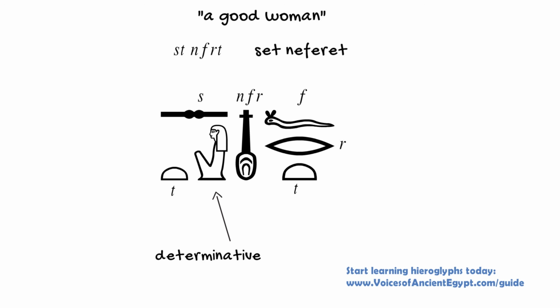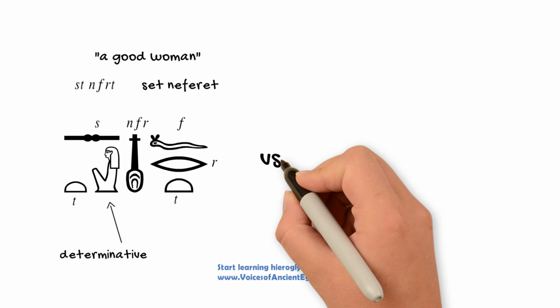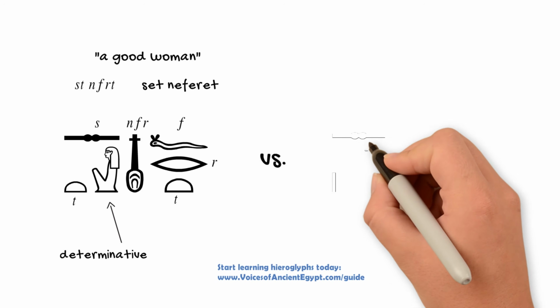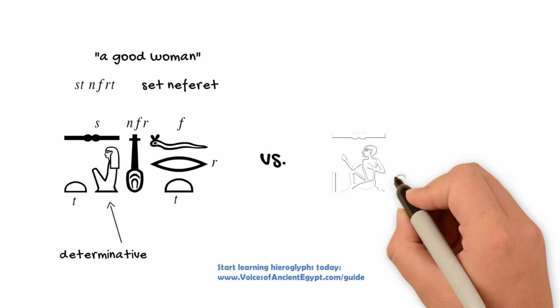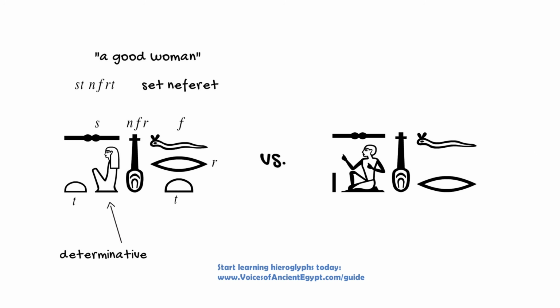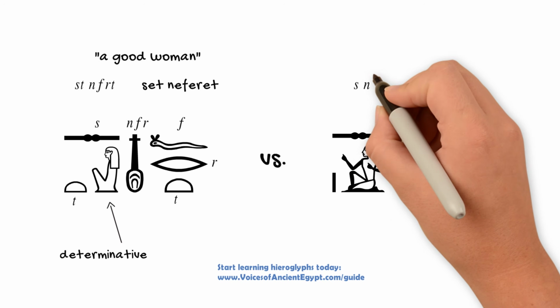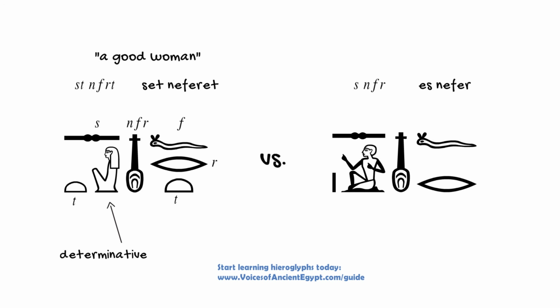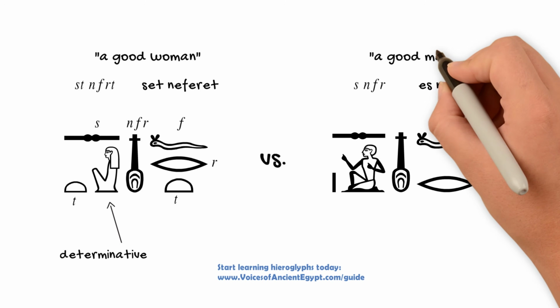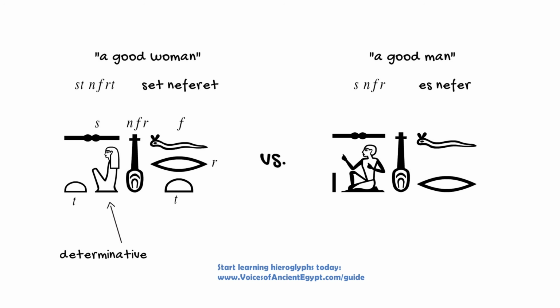So, for example, when I talked about nefer in the past, I gave you the example of like with necher before, for example, which is a masculine word. If you wanted to use it to describe a feminine word, then you would have to have a T on the end of nefer, and it would be neferet.